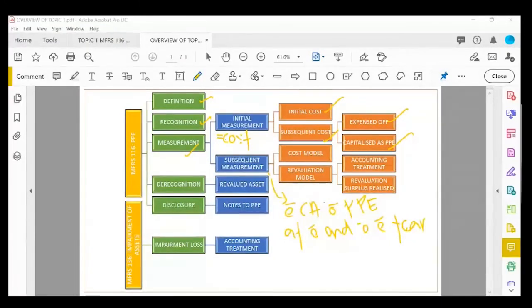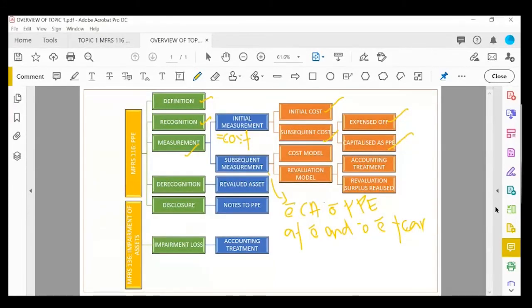All right, so next question is related to the revaluation model. How does the revaluation model define the carrying amount of PPE at the end of the year? How do we calculate the carrying amount under the revaluation model?